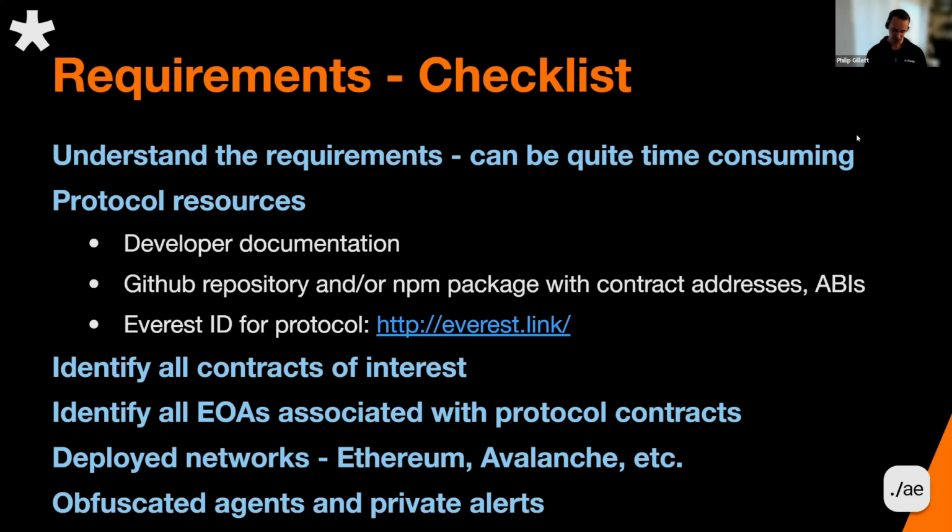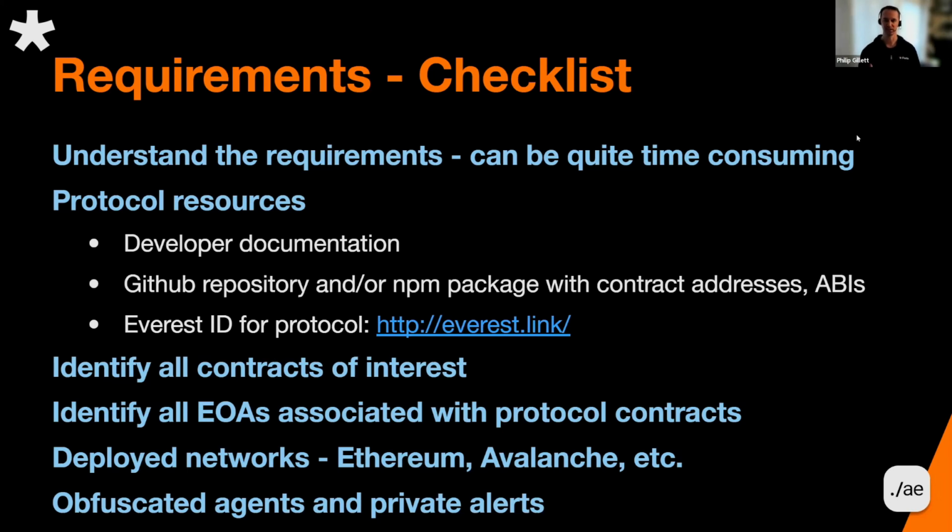For deployed networks right now, Forta supports Ethereum mainnet, but they are absolutely focusing, and I'll get into a little more detail on it, on extending that to other chains. I've mentioned Avalanche here as well, but certainly in the future, you can imagine Polygon and any others that are out there. But know what network you're going to be scanning. And then, has the protocol requested a private alert?